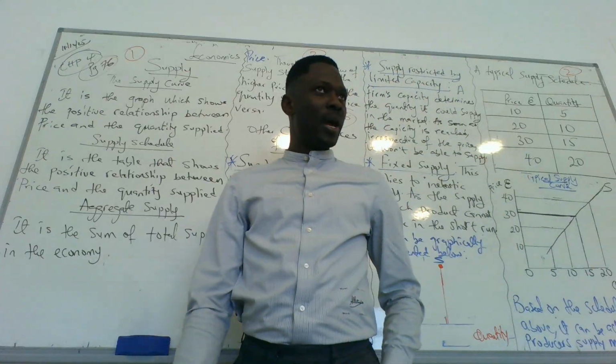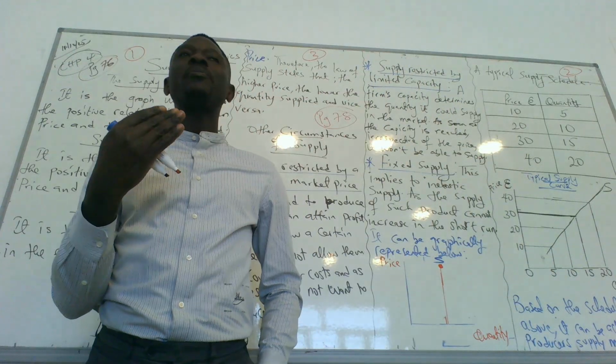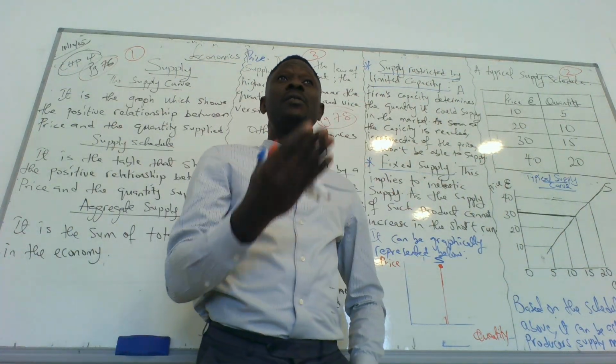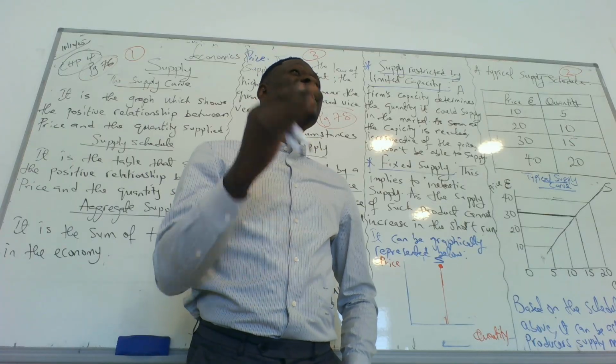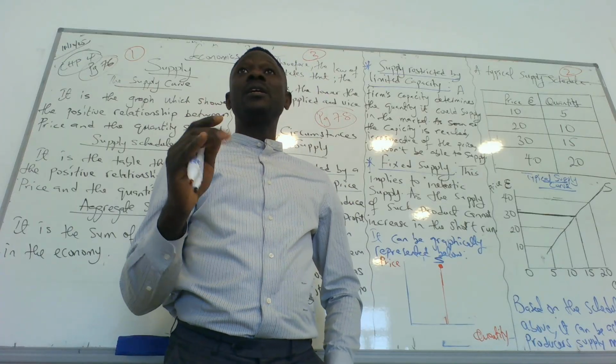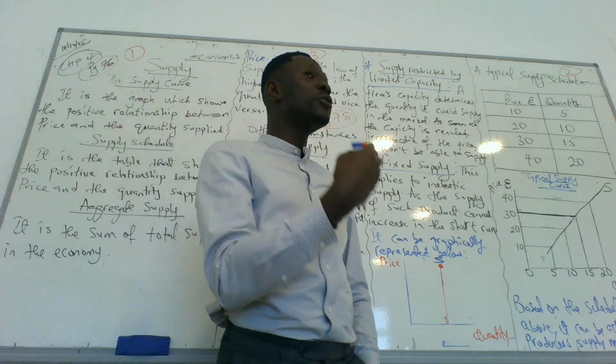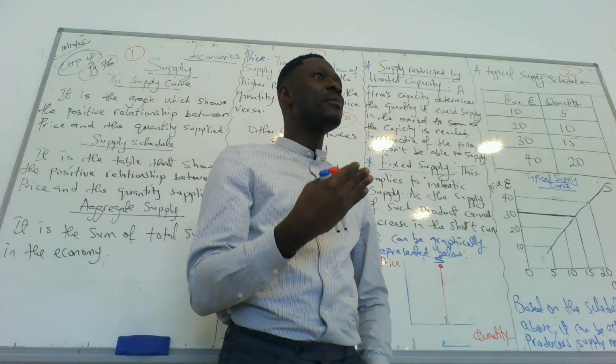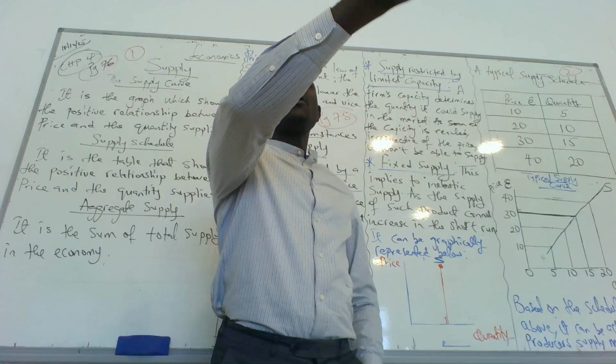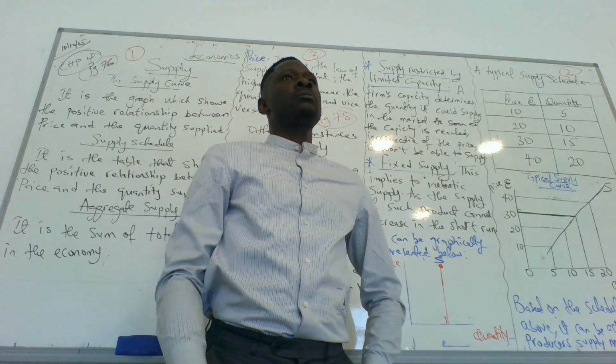We continue with supply. In the previous class, we said supply is the quantity of goods or services producers are willing to produce at a given price and time. That is supply. Stop already and focus.